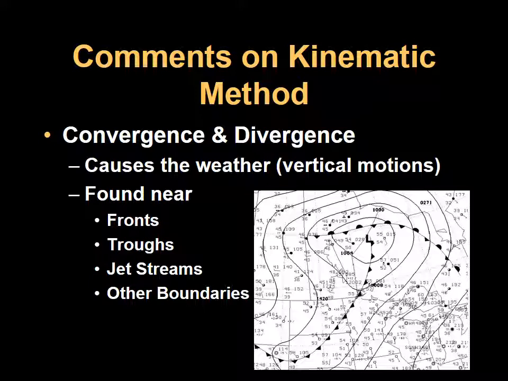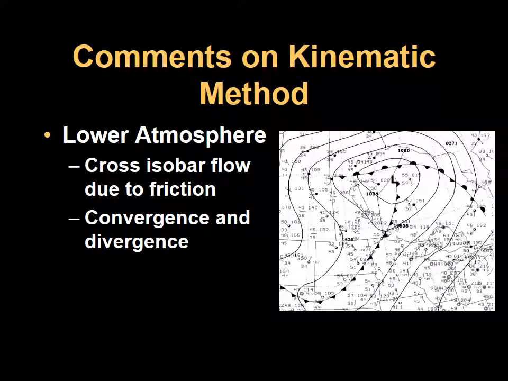So in our atmosphere, you'll find convergence and divergence in many different places. And as we mentioned, it causes rising and sinking motions. Convergence and divergence is found near fronts and troughs and jet streams and boundaries, and just about everywhere. In the lower atmosphere, the convergence and divergence is mostly a result of friction.